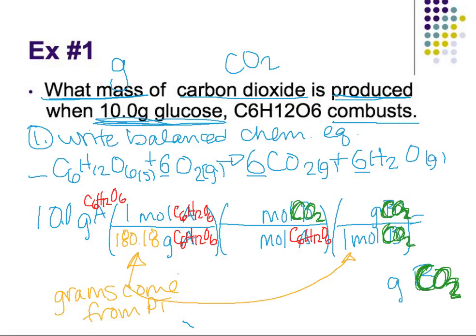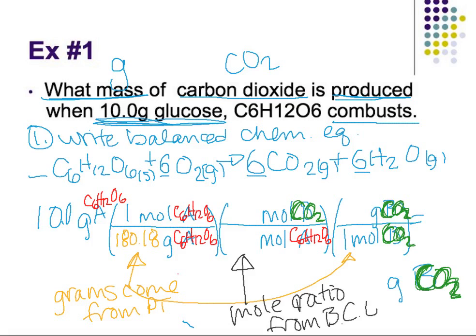All right, second, we've got our mole ratio. Our mole ratio comes from the balanced chemical equation. So here's my mole ratio, from the balanced chemical equation. And the coefficient on CO2 is 6. The coefficient on C6H12O6 is 1.